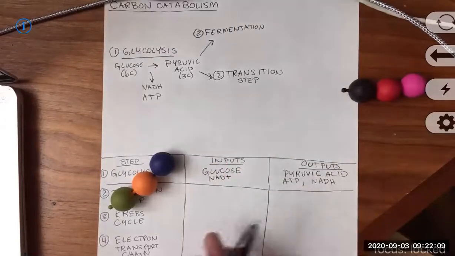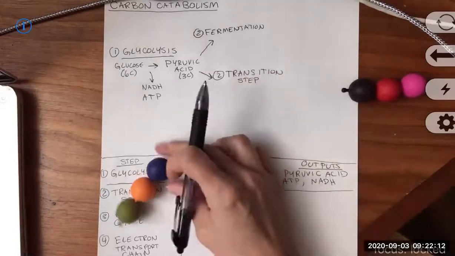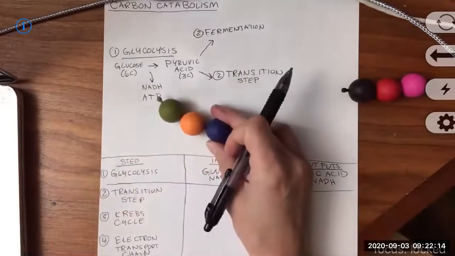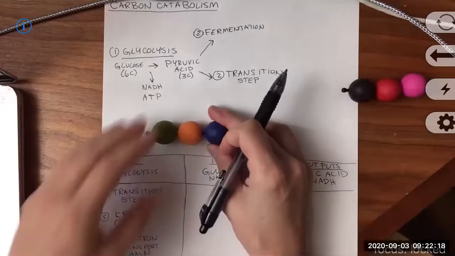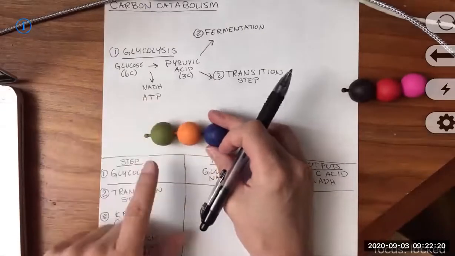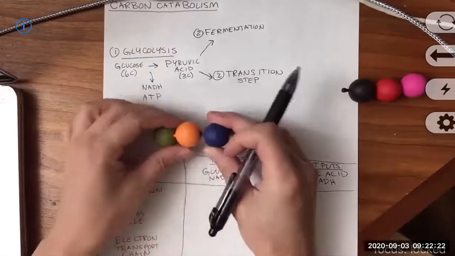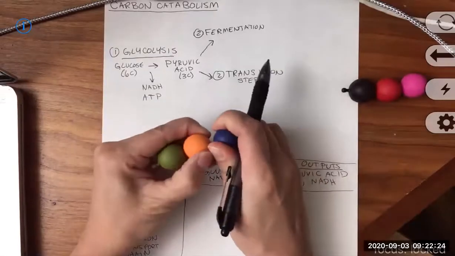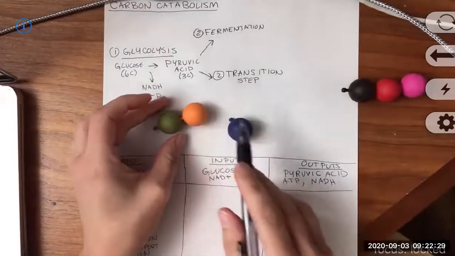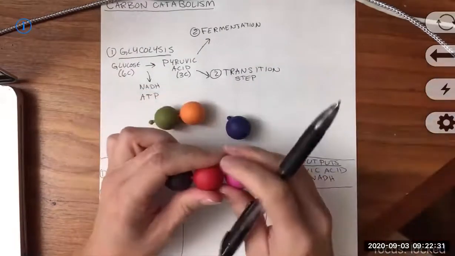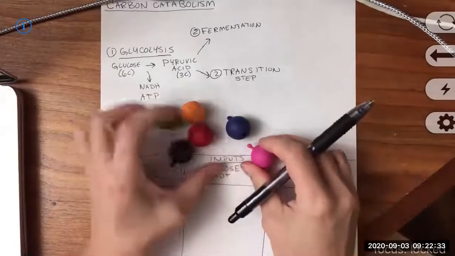So in the transition step, the pyruvic acid, with 3 carbons, is going to get broken down further, forming acetyl coenzyme A and carbon dioxide. Acetyl coenzyme A has 2 carbons and carbon dioxide has 1. So here we go. Pop, that bond is broken and we're left with acetyl coenzyme A and carbon dioxide. Let's do that to the other pyruvic acid as well.